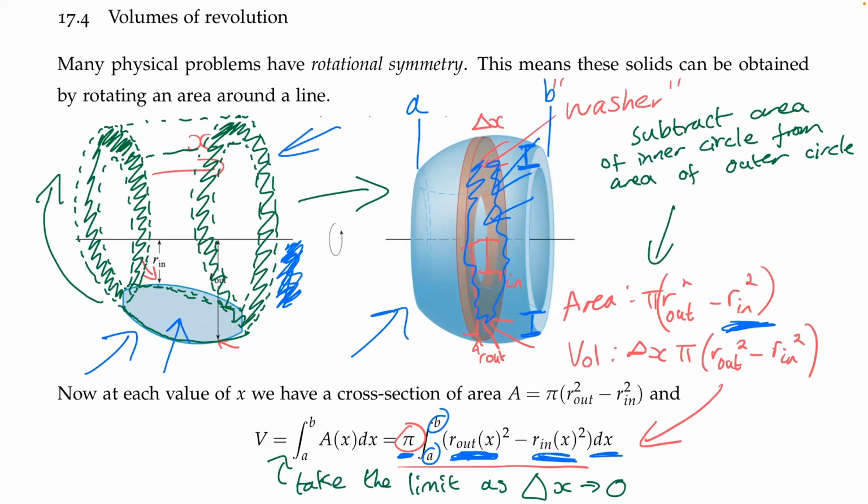So this is a bit of a problem if you're trying to work it out just by estimating these cross-sectional areas. You could do it and then subtract the middle part. It's a little bit nicer if you know something has rotational symmetry, you can use that rotational symmetry to work out the area of those different washers and then integrate over that. So it's an easier way of doing it.